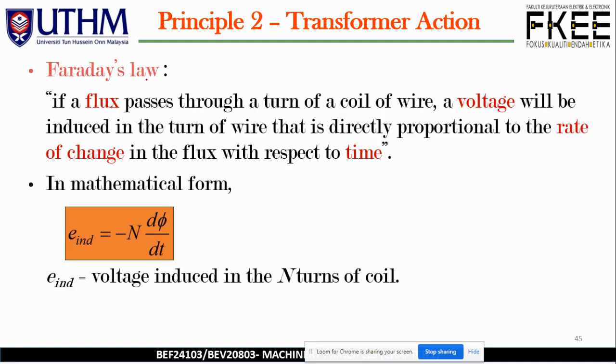And again, according to Faraday's law, if a flux passes through a turn of a coil of wire, voltage will be induced in the turn of wire that is directly proportional to the rate of change in the flux with respect to time. Or in mathematical form, E induced, the voltage induced in N turns of coil, is equal to negative N d phi over dt.